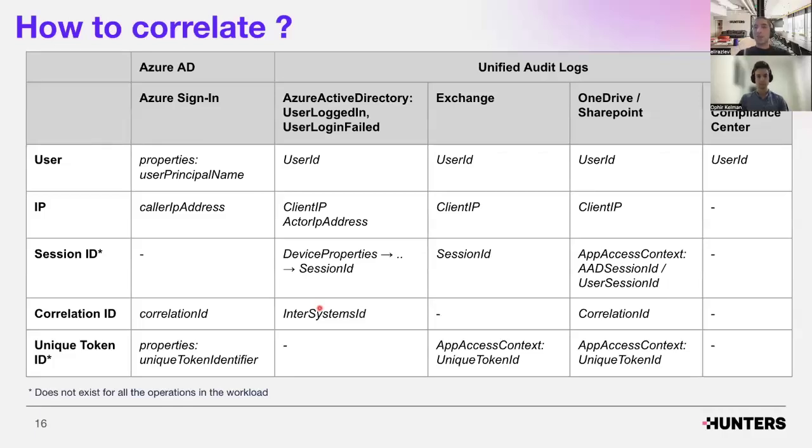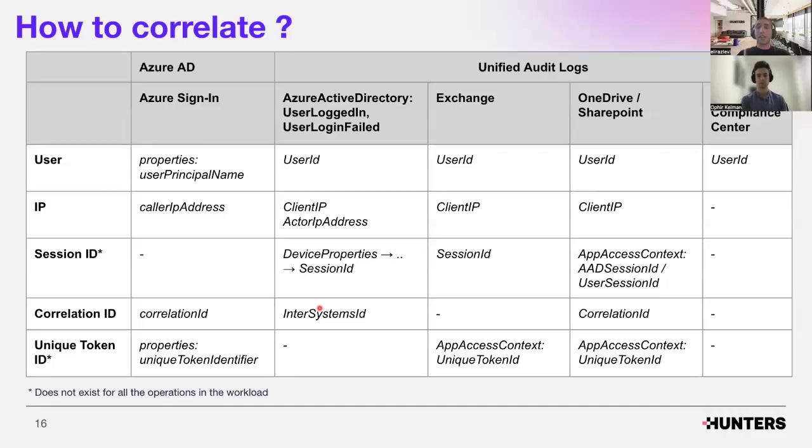So there are many ways to correlate between events in a 365 environment. The challenge, which can sometimes be very confusing, is that some of the fields do not exist in all the different schemas, in all the different data sources and workloads.